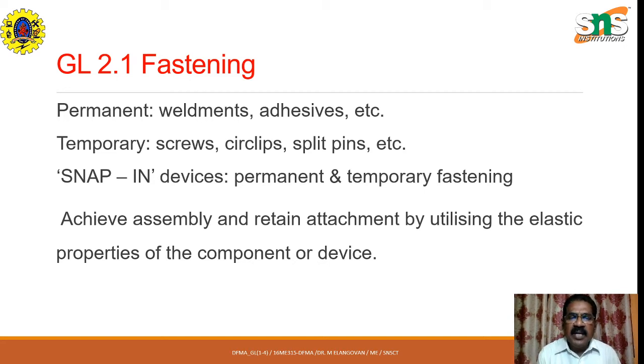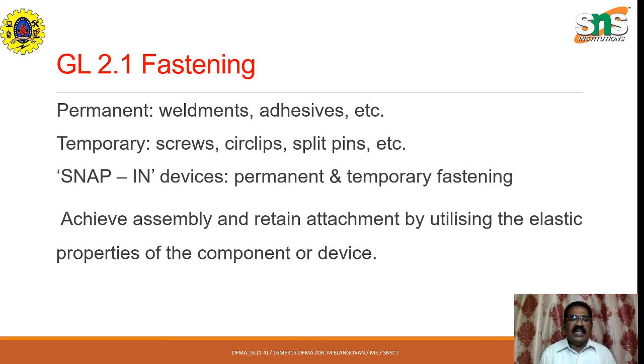Snap-in devices: permanent or temporary fastening. Achieve assembly and retain attachments by utilizing the elastic properties of components or device. You can achieve the assembly and retain the attachment by utilizing the elastic property of the component or device, and then try and use the snap-in.